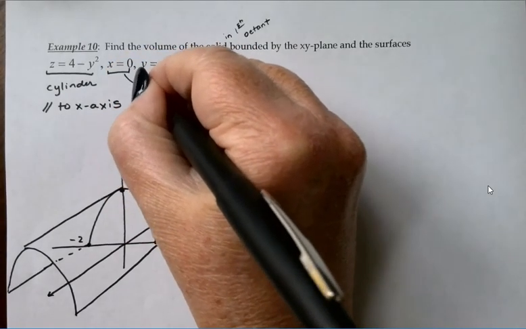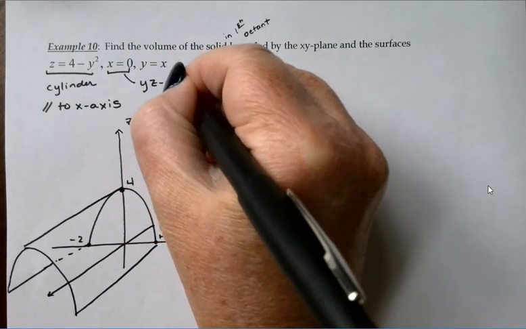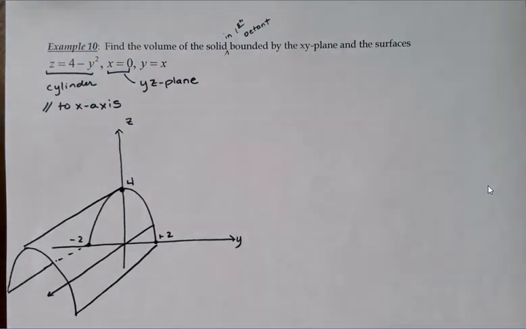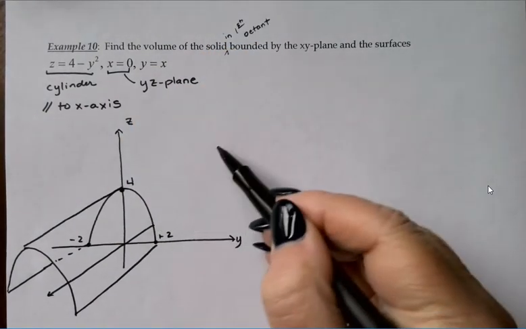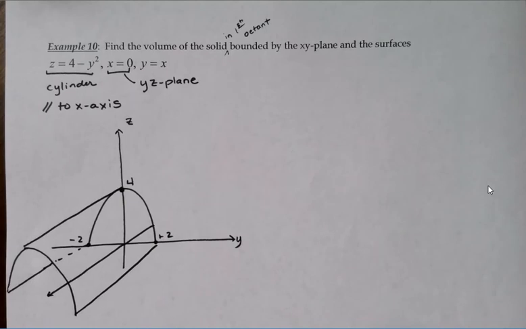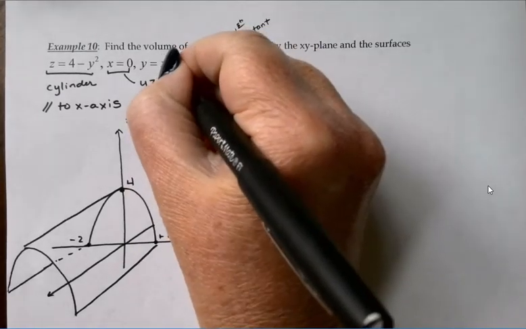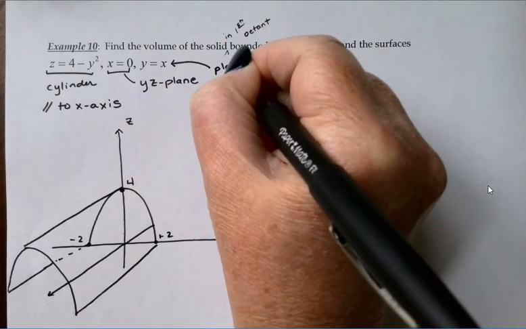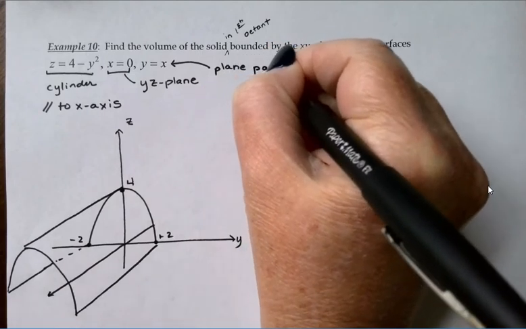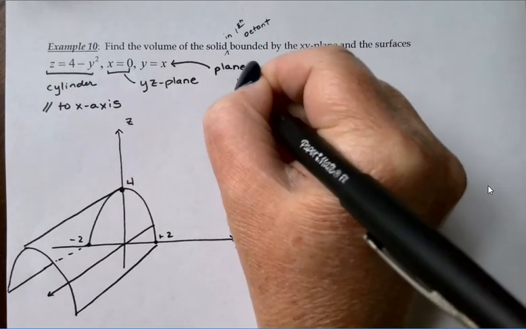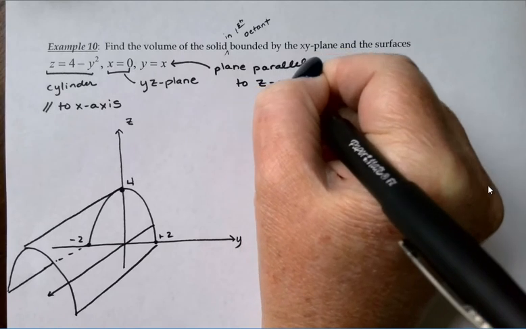That's the yz plane. And I've actually already kind of accounted for that. I didn't extend backwards behind the yz plane, so I'm good there. Finally, I've got y equals x. That's another plane. Since z is not mentioned, it's a plane parallel to the z-axis.